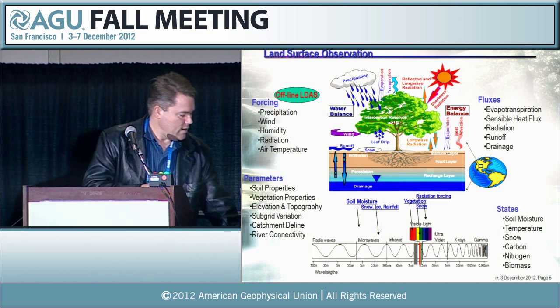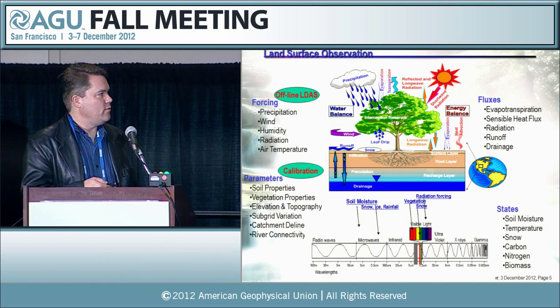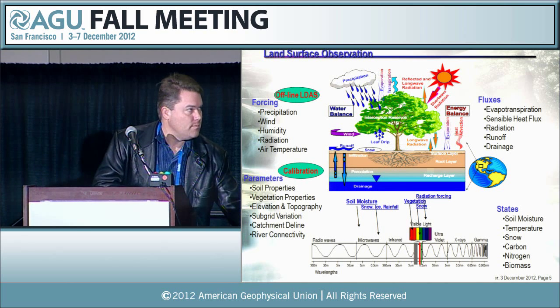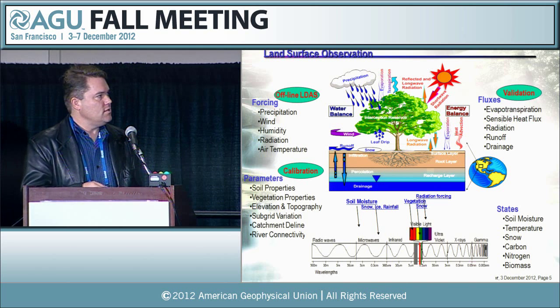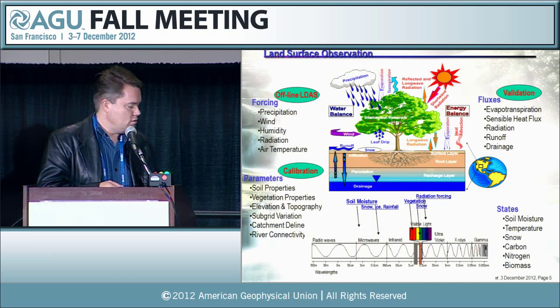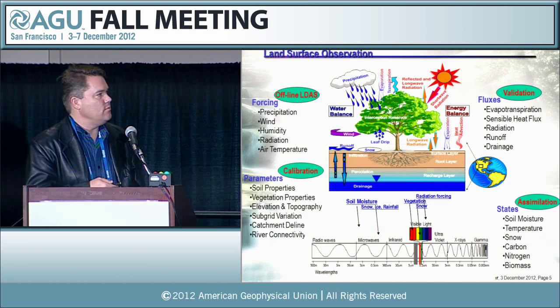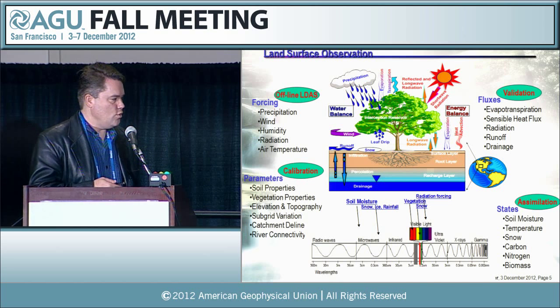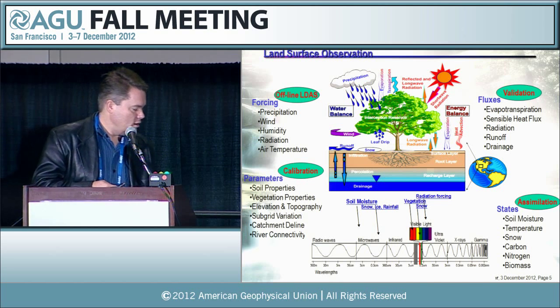The second are parameters, soil properties, vegetation properties, and such, and we can use those to calibrate or reduce the bias in the model. The third are fluxes, what comes out of the model, like runoff and evapotranspiration. We use those to validate the system. And of course, for the assimilation, it has to do with the states: soil moisture, temperature, snow, carbon, things that are stored in the model. That's what we want to assimilate.